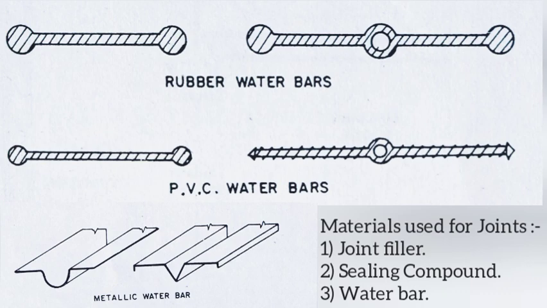Joint filler can be made out of a variety of materials such as bitumen, bitumen containing cellular materials, cork strips, natural or cellular rubber, expanded plastic, mineral fiber, coconut pith, etc.